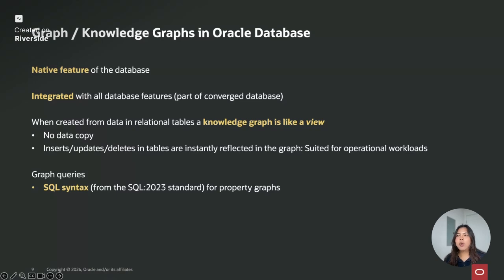We don't want this to take time. We want it to be in real time, so it's a key factor. We also use SQL syntax, which is amazing because it helps us leverage all of the functionality of SQL plus the functionality of graphs, making it way easier to implement everything that SQL syntax allows us to implement with graphs.